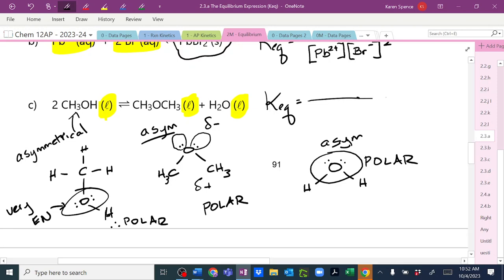Because we've got polar, polar, polar. Would we include all those liquids? Yes, we would, because they are miscible. And that's probably the last time you will ever see such an example. Yes, because miscible liquids in an equilibrium in grade 12, in AP Chem, is super rare.